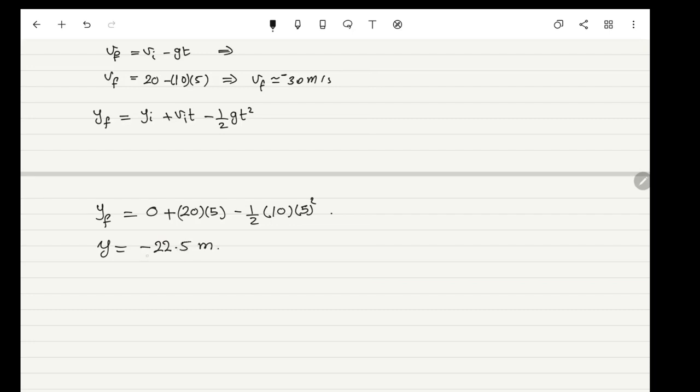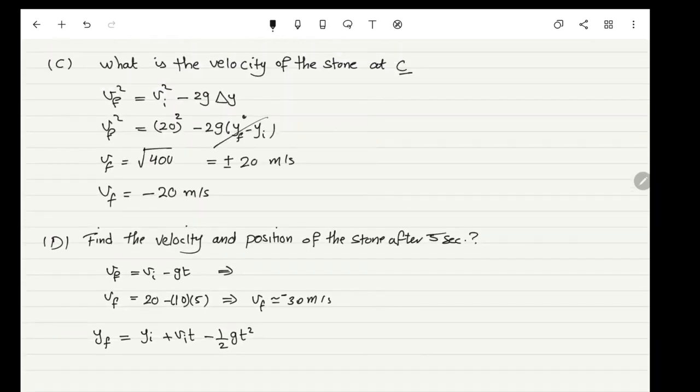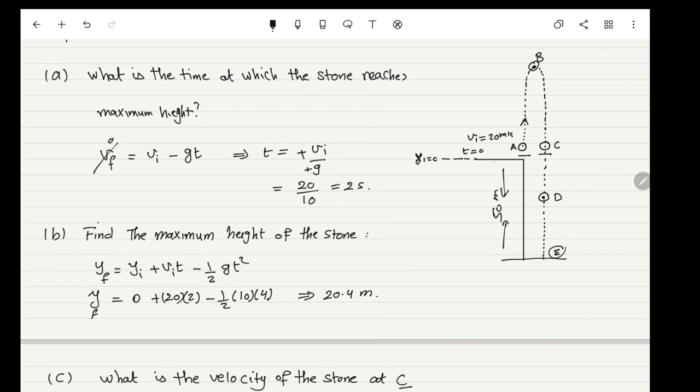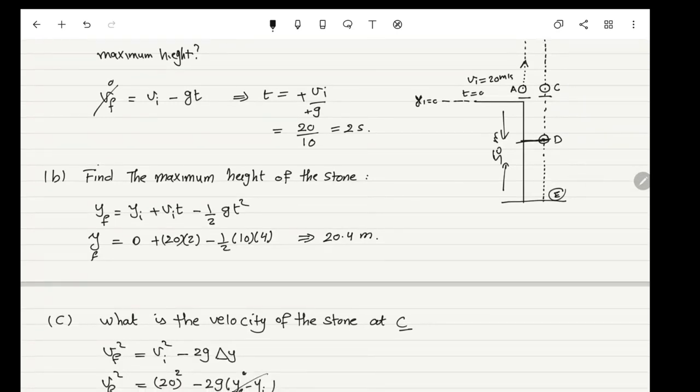The minus means that it's below the reference point that we set up at the beginning, which is the top of the building, so it makes sense. It's somewhere here, 22.5 meters in height, and minus because it's below the reference point. That's it.